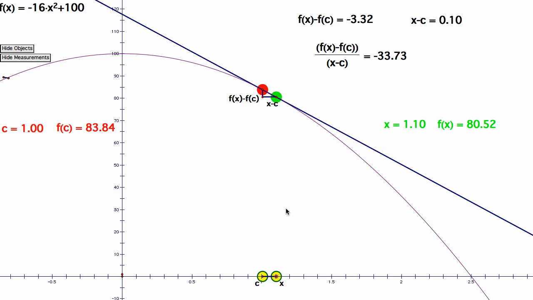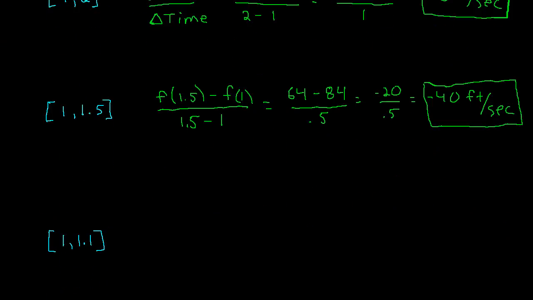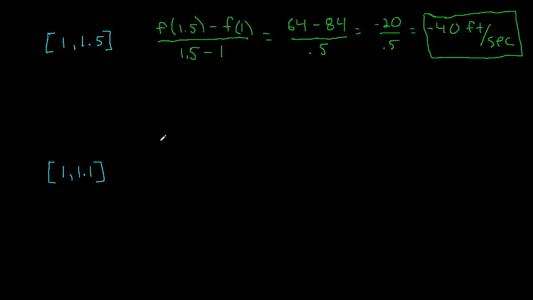Okay, so maybe we won't actually do the calculation. We could just look to see that we're at 1.1, and that average rate of change slowed even more to negative 33.73. So back on this screen, the average rate of change, I'll just write this up real quick.